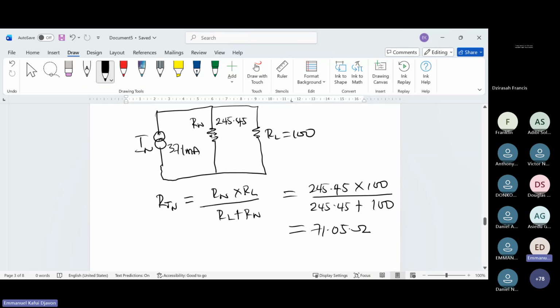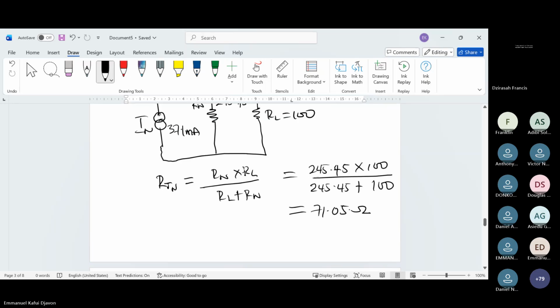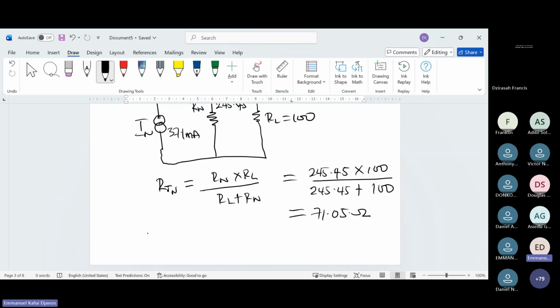Now, what is the next thing for you to do? Yes. You apply Ohm's law. You find the voltage. So if you are looking for voltage, that will give us 37.1 times 10 negative 3 times 71. Am I right?